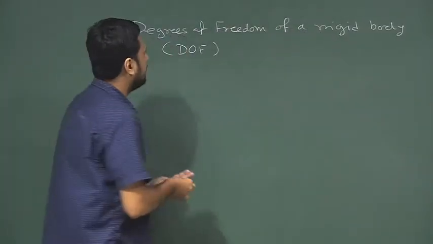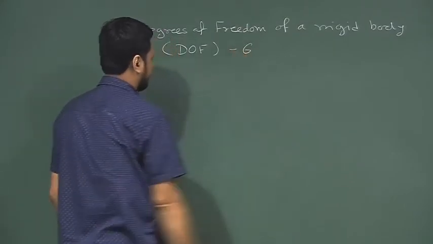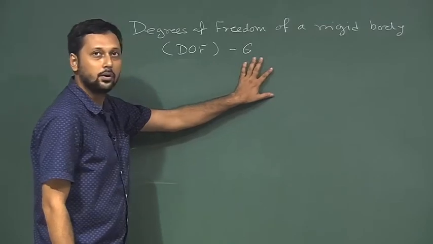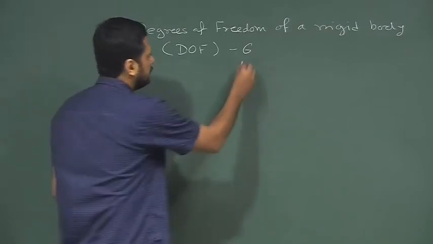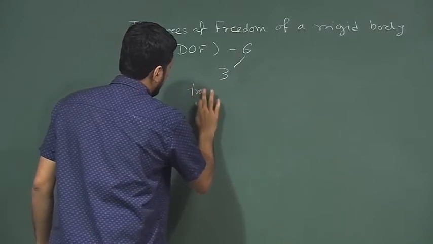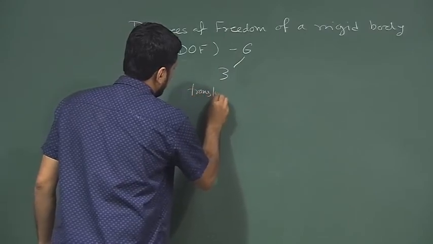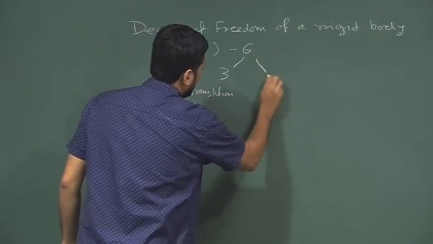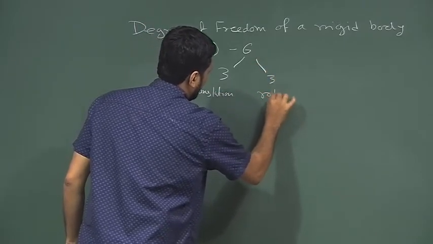The total degrees of freedom is 6, and out of that 3 go to describe the translation and 3 go for rotation.